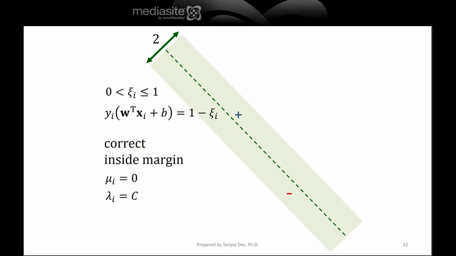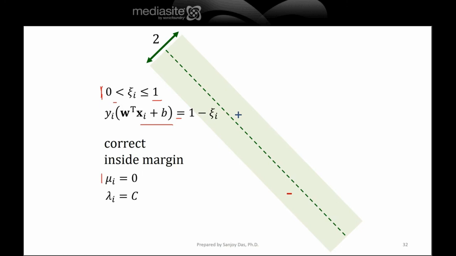Now these points are still on the correct side, but they are inside the margin, whence we have an error which is between 0 and 1. So since this is not an active constraint anymore, mu I is equal to 0 from complementary slackness. And since we have this as an equality, therefore lambda I is greater than 0.